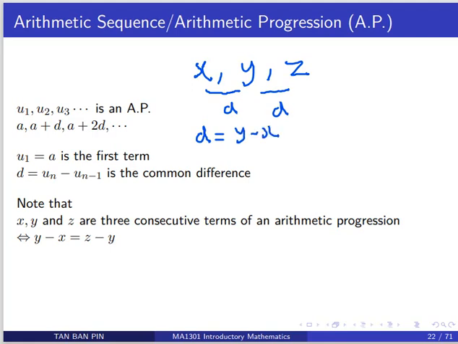You can also say the common difference is given by z minus y. So with that you can say y minus x is the same as z minus y.